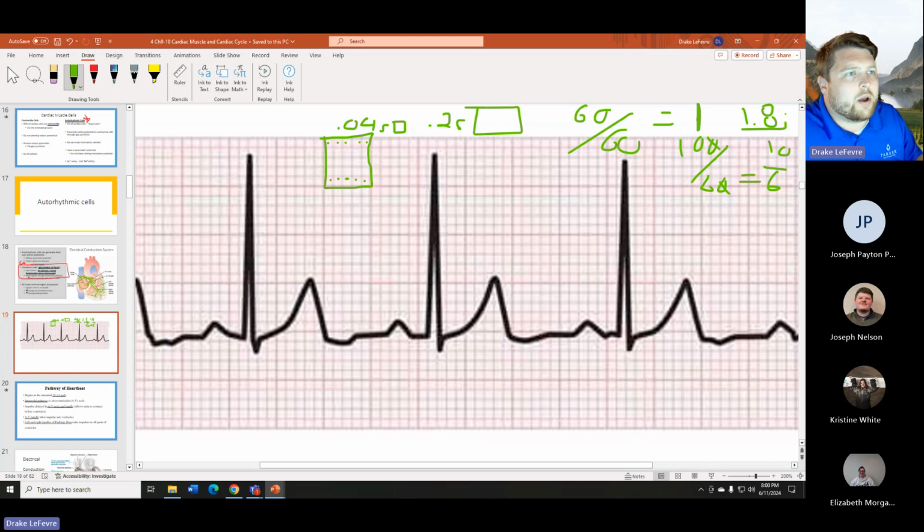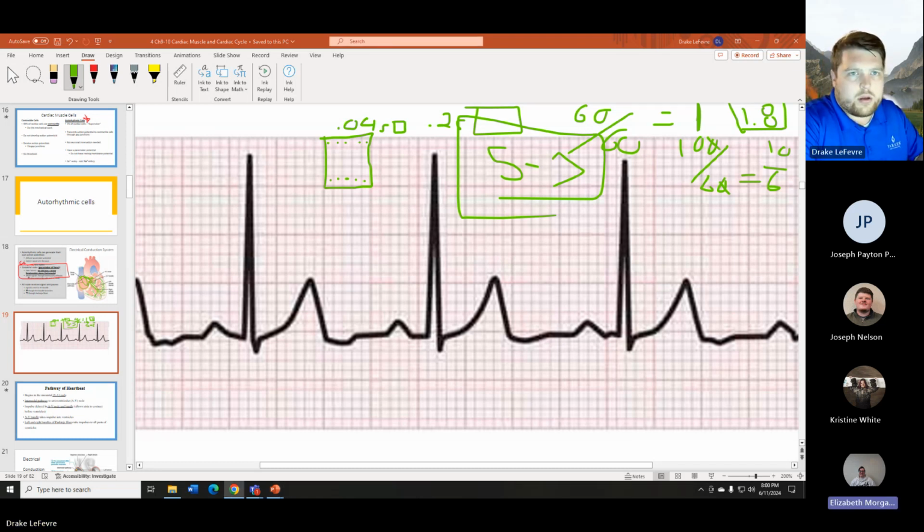So we look at 1.8 seconds, and 0.2 goes into 1 five times. So if we're somewhere between 5 big boxes, like 5 and 7 big boxes, it's typically considered a super normal heart rhythm.